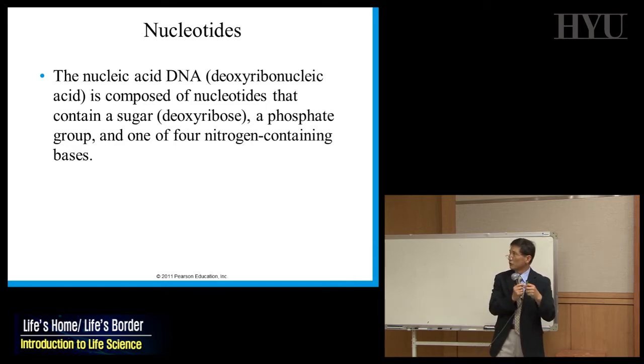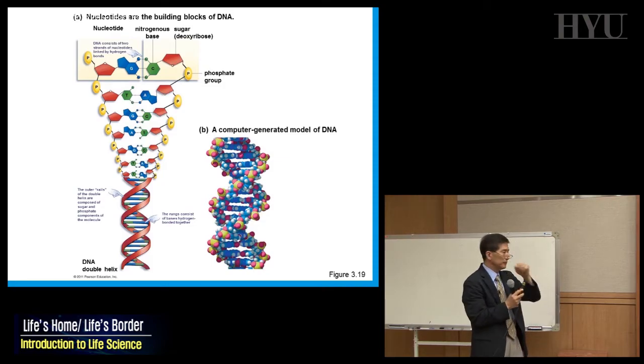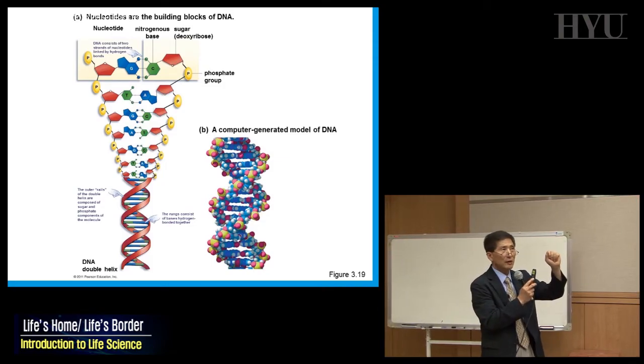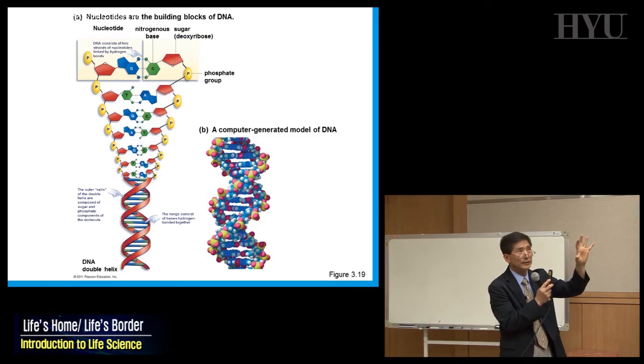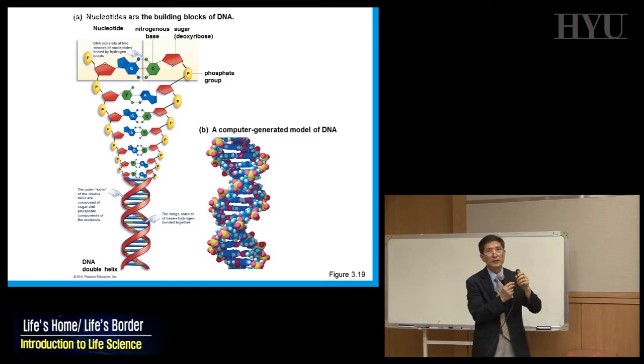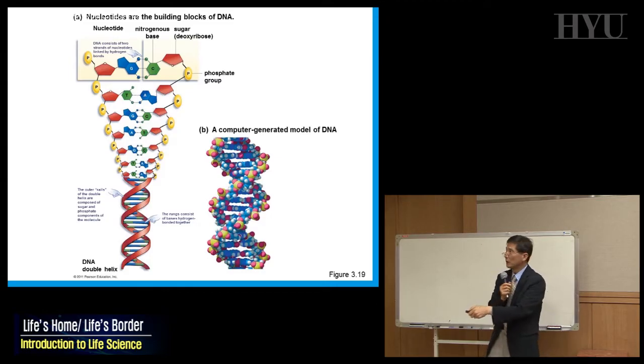So what are three components of nucleic acid, DNA or RNA? Three components of nucleotide is phosphate and sugar and base. One more, phosphate, sugar, and base.